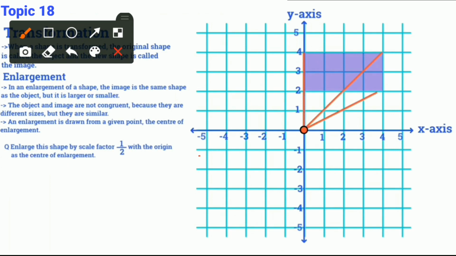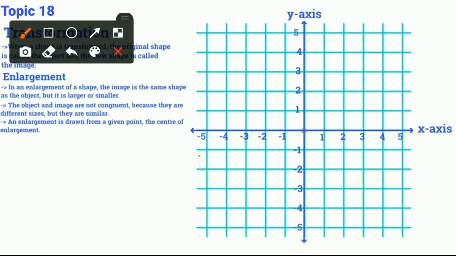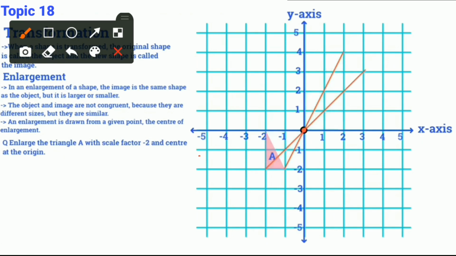We will decrease this actually. Enlarge the triangle A with scale factor -2 and center at the origin. Okay, this is how you do it.